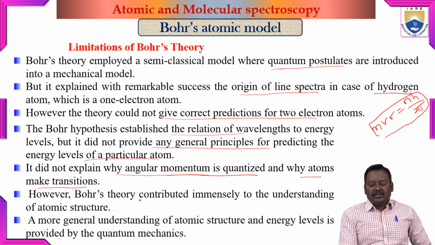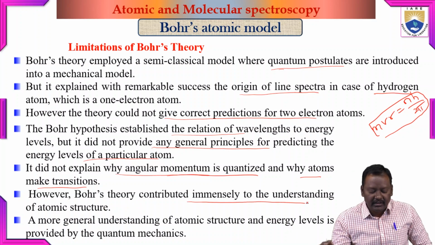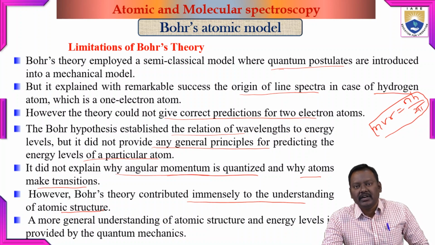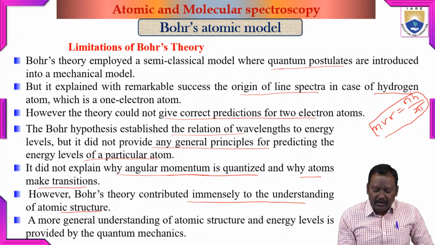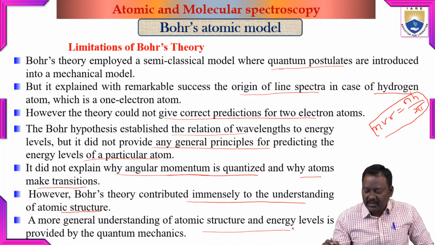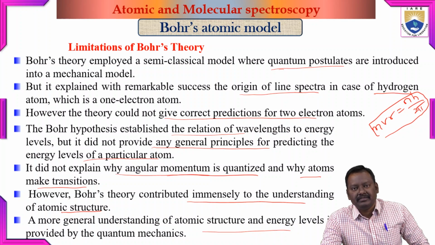But Bohr's theory contributed immensely to the understanding of atomic structure. It was a very good movement for the investigations in order to find the structure of the atom. A more general understanding of atomic structure and energy levels is provided by quantum mechanics. So the Bohr model played an important role in understanding atomic structure.